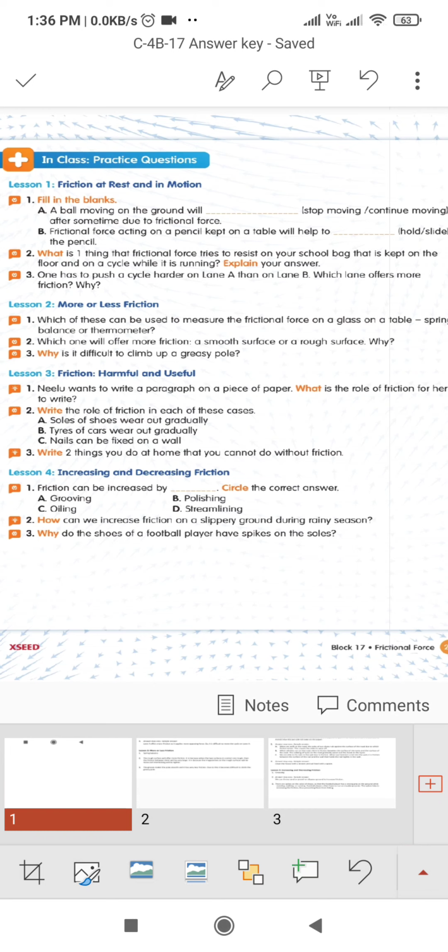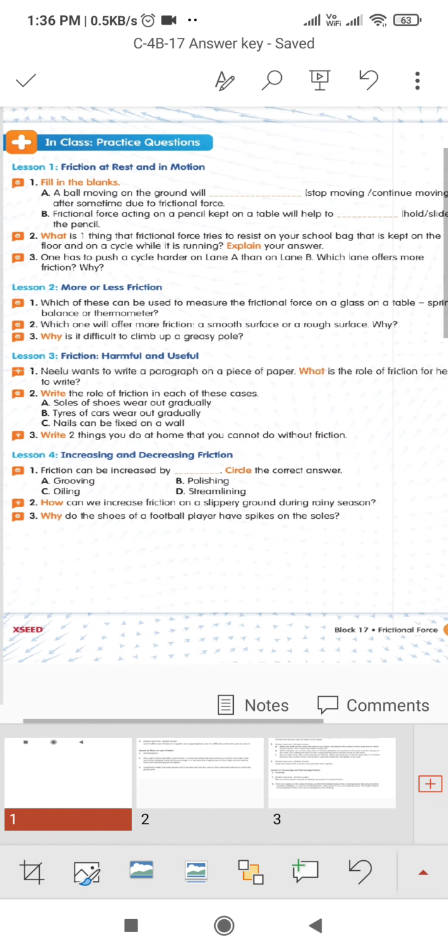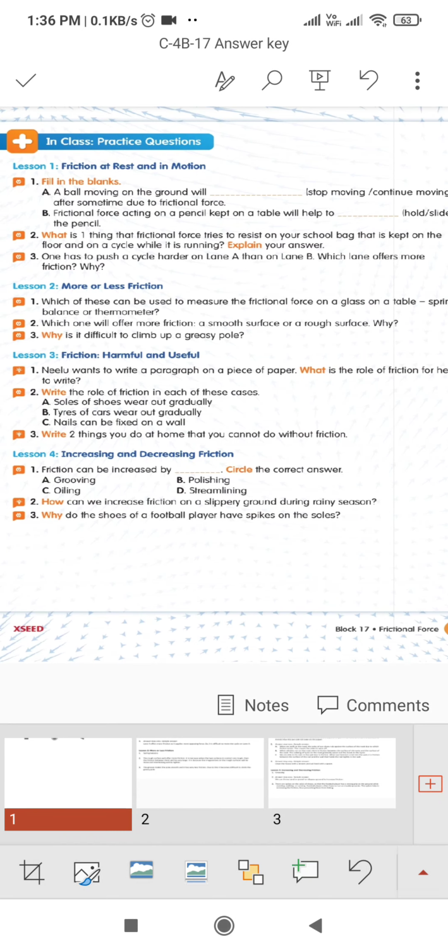Second question is, write the role of friction in each of the following cases. First, soles of shoes wear out gradually. Why do soles wear out gradually? This is due to the frictional force between the road and the soles of your shoes. Due to this friction, the soles wear off.